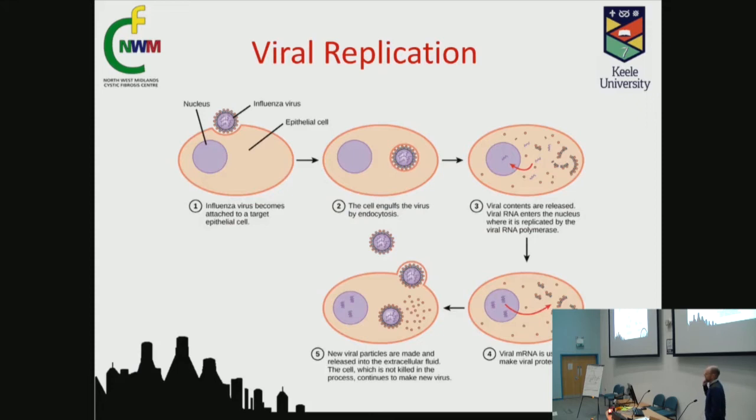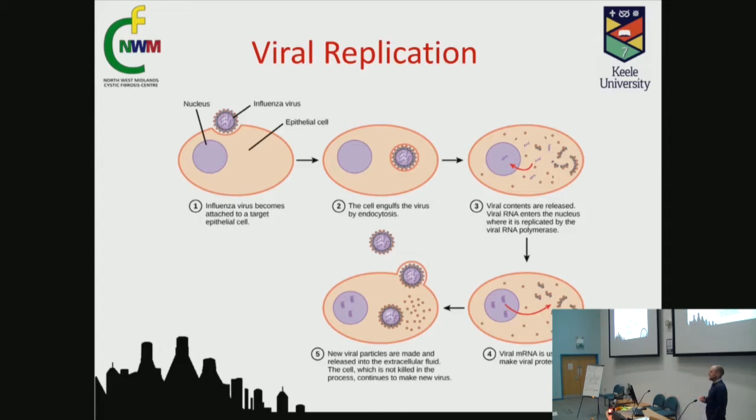As I've said before, for replication the virus has to be taken up by the host cell. So this is a diagram in relation to influenza, but it could be any virus. Basically, as you can see, the first stage is that the virus attaches to the cell. The cell will then engulf the virus by endocytosis.